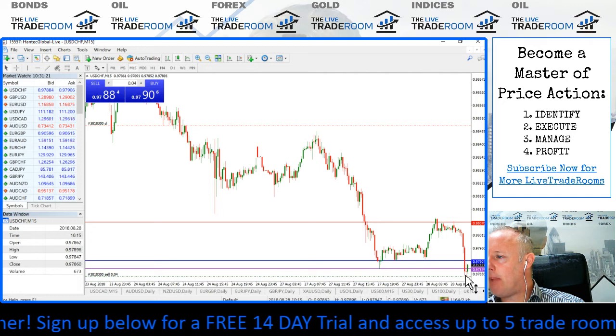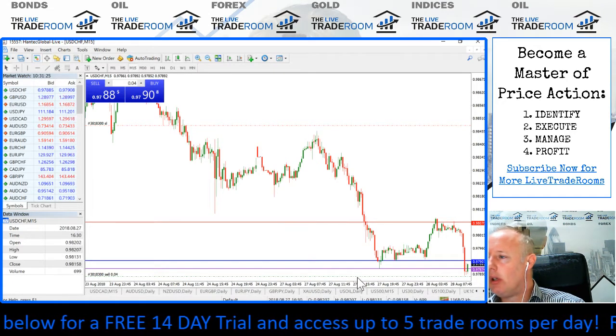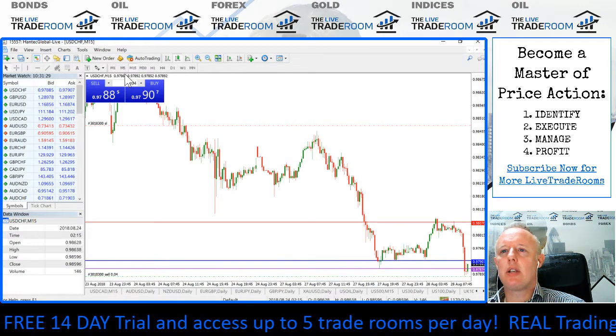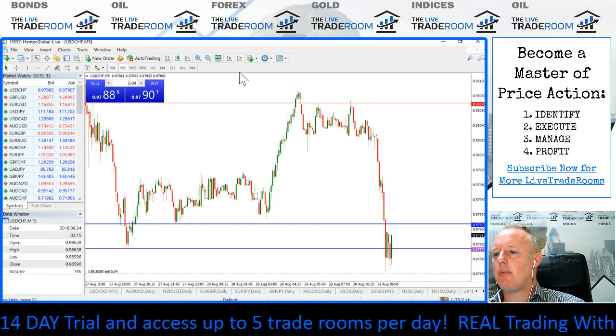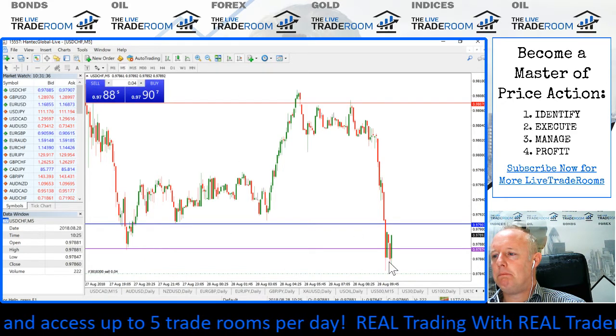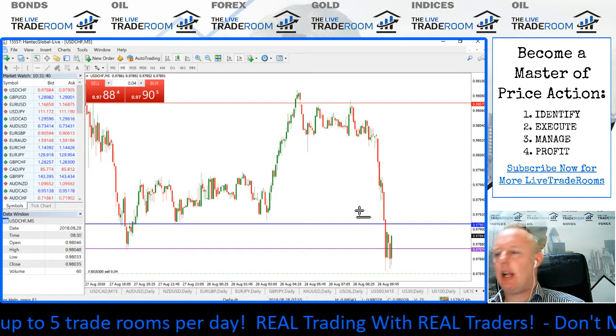I'm getting a bit of a bounce off this low as we stand. So now let's go into just a smaller time frame, and we'll see. We've closed below, we've actually technically.